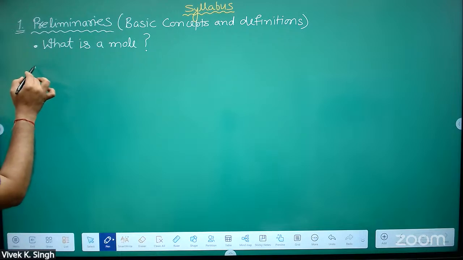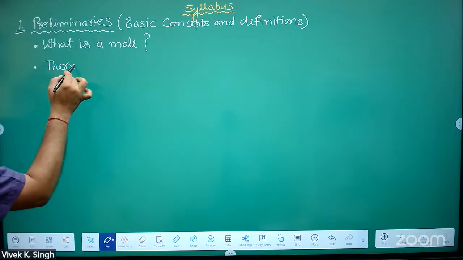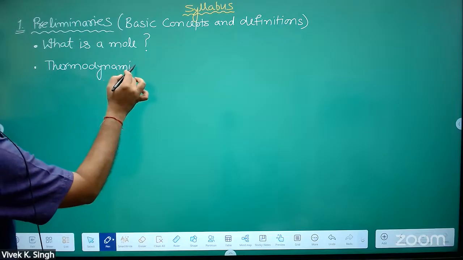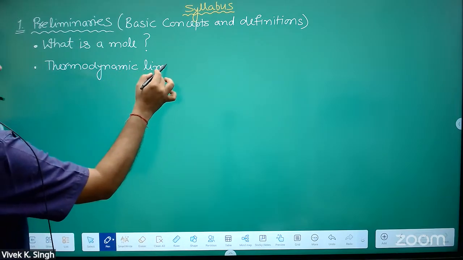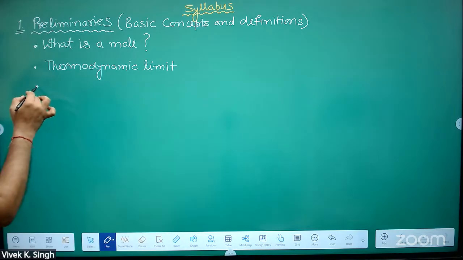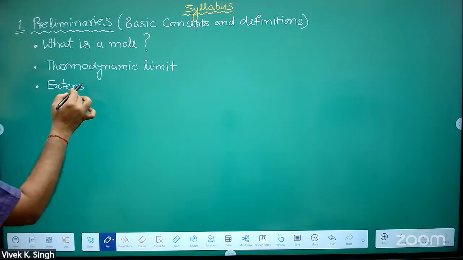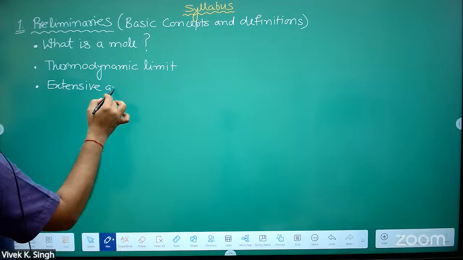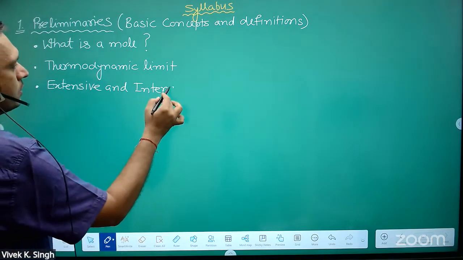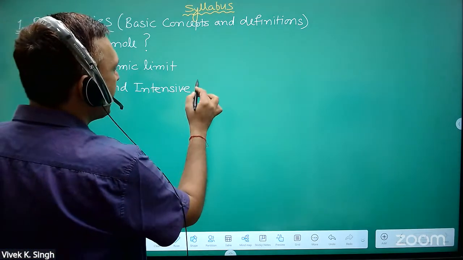Then you must know what is the thermodynamic limit. What do you mean by thermodynamic limit? Then we will also distinguish between extensive and intensive properties, extensive and intensive parameters, you can say.